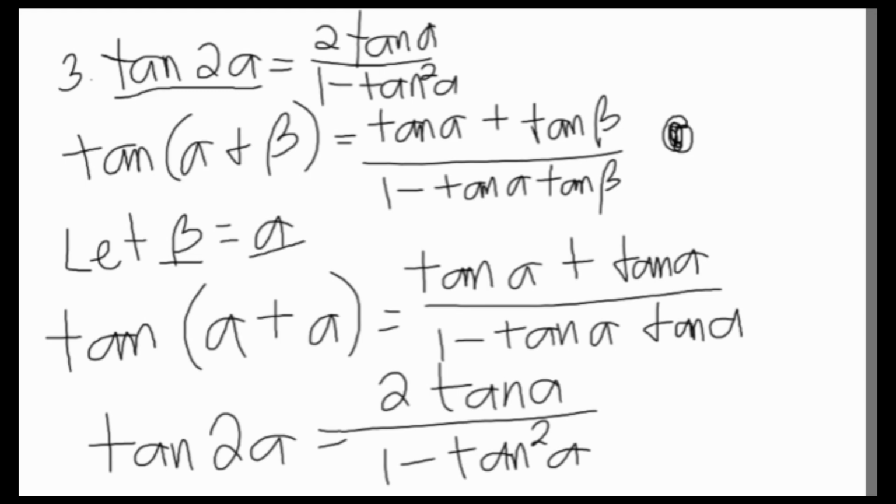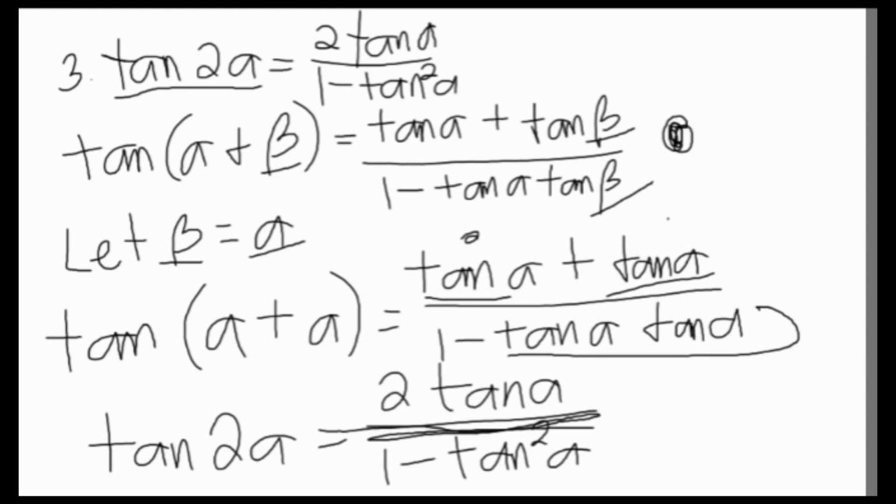So tangent of alpha plus alpha is equal to tangent of alpha plus tangent of alpha. We just add these two tangents of alpha to become two tangent of alpha. And for the denominator, we multiply the two tangents, so it came up with a tangent squared of alpha.